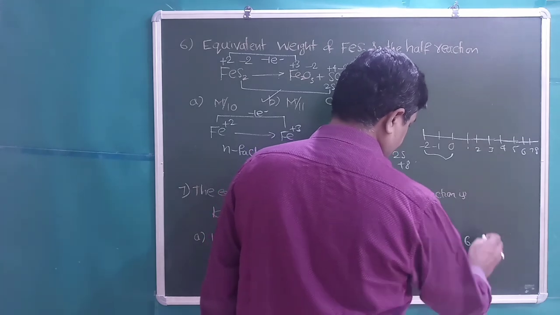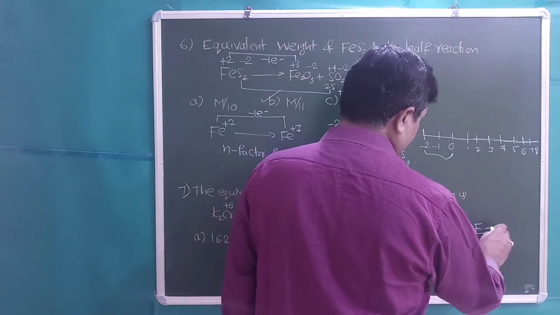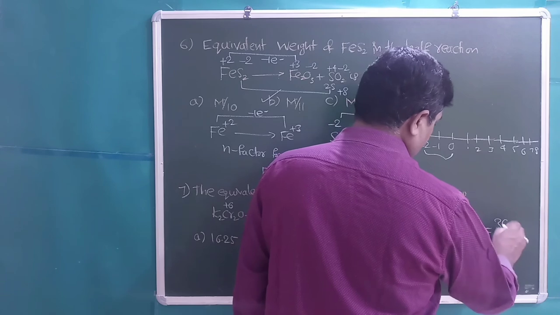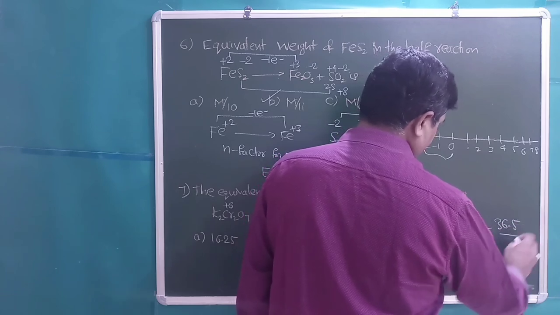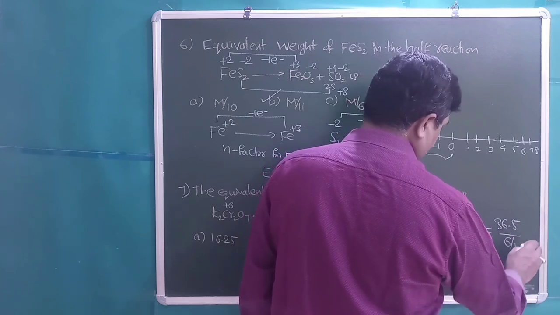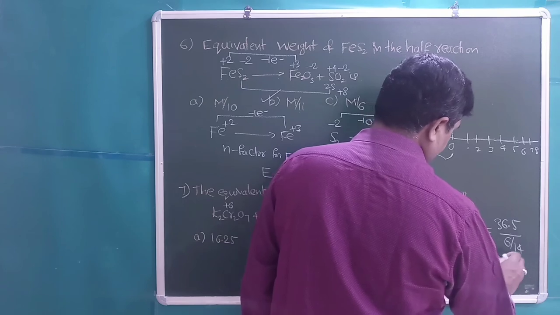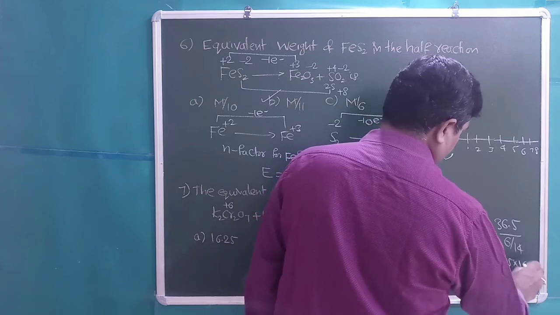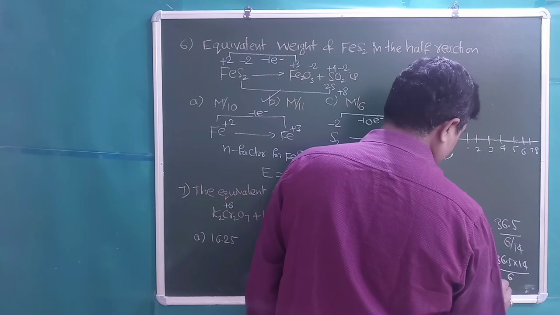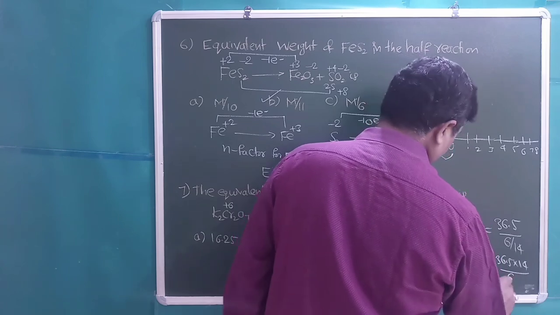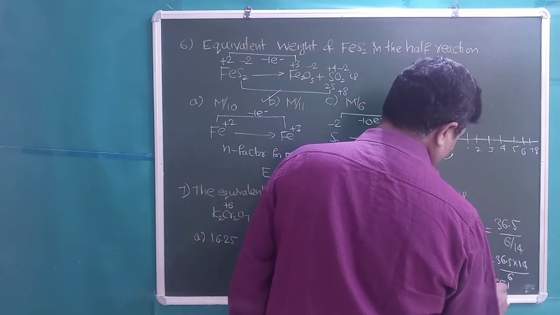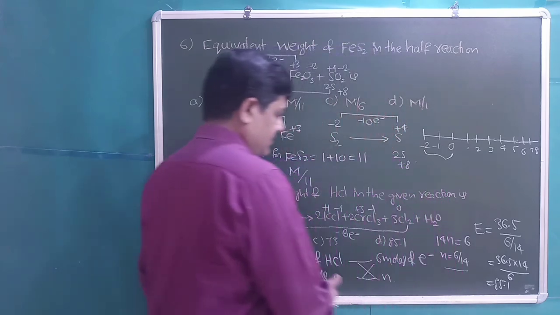Students, then the equivalent weight of HCl is equal to molecular weight 36.5 divided by 6 by 14, which is 36.5 into 14 divided by 6, which is equal to 85.1. This is the equivalent weight of HCl.